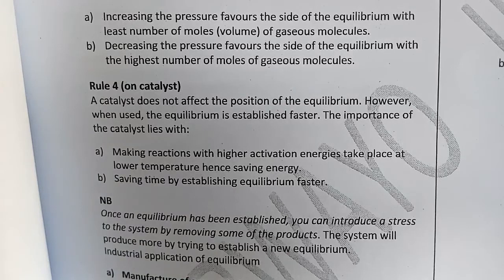Just to note that once an equilibrium has been established, you can always introduce a stress into the system by removing some of the products. So the system will produce more by trying to establish a new equilibrium.